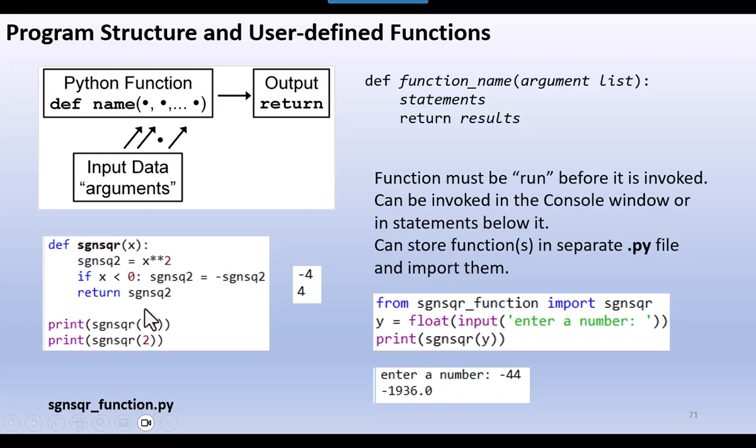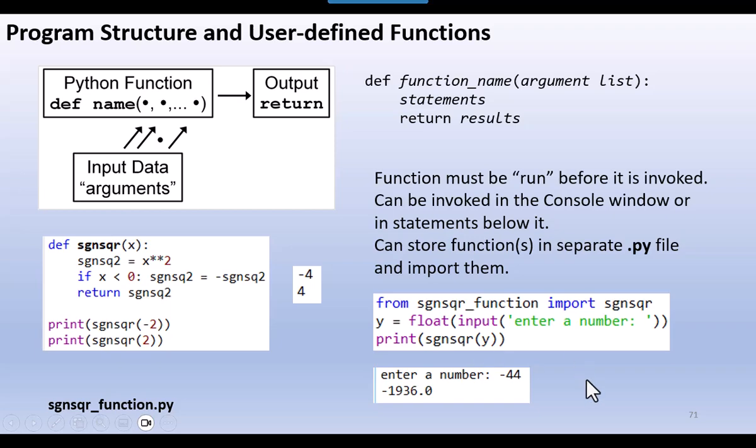We can store this function in a separate Python file with an extension .py, and this Python file is called _function, and then from that file we import this function, and then we can use it in our code.